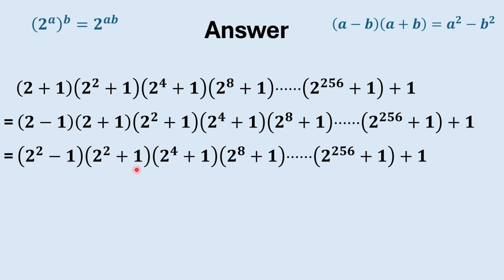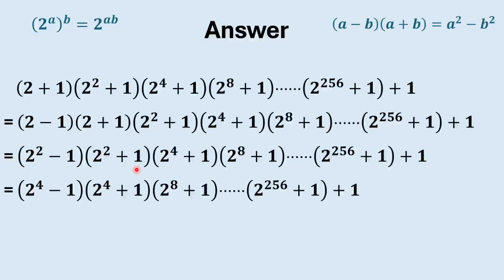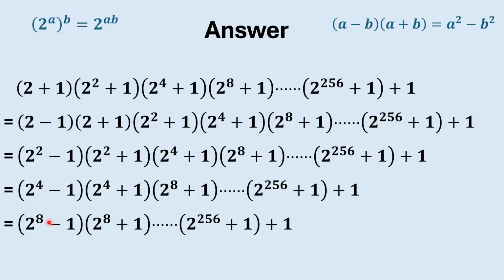So the product of these first two items is equal to 2 to the power of 4 minus 1. Then 2 to the power of 4 minus 1, multiplied by 2 to the power of 4 plus 1, is equal to (2 to the power of 4) to the power of 2, minus 1. We can use this formula again, and it is equal to 2 to the power of 8 minus 1.